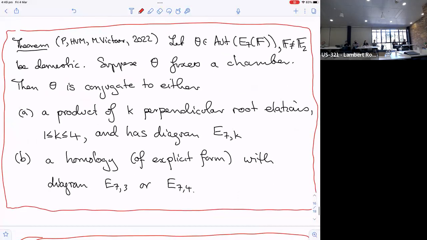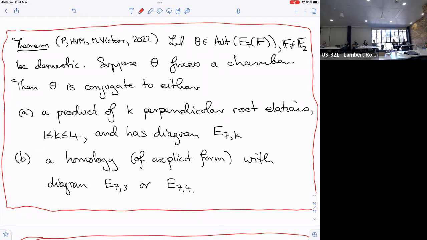So here's one theorem. This is the chamber fixing case. So here I'm saying we've got an automorphism of an E7 building over a field F. Again, F's not the field with 2 elements because there's some annoying things that happen. And we've got a domestic automorphism theta, and we're going to assume it fixes a chamber.